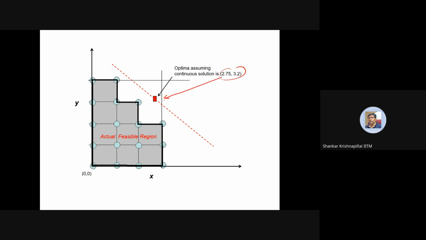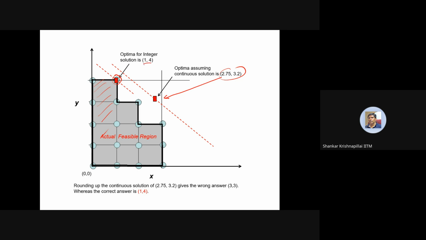This is the optima assuming continuous solution. Now if you assume that x and y can have only integer values, then this gray area is the feasible region and the contour will touch here.